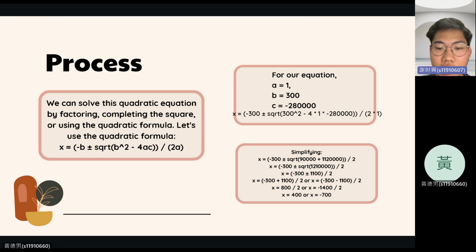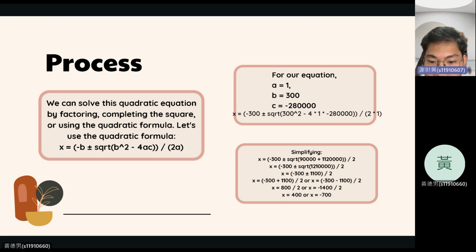So we get x equals minus 300 plus or minus the square root of 300 squared minus 4 times 1 times minus 280,000, divided by 2 times 1. Then we simplify this equation, so we get x equals minus 300 plus or minus the square root of 90,000 plus 1,120,000, divided by 2.